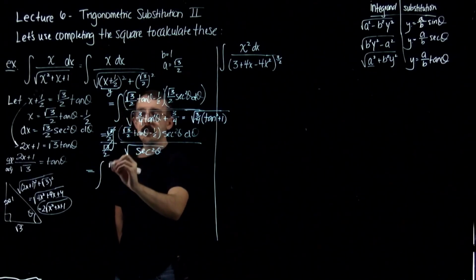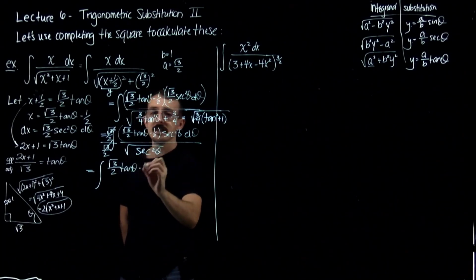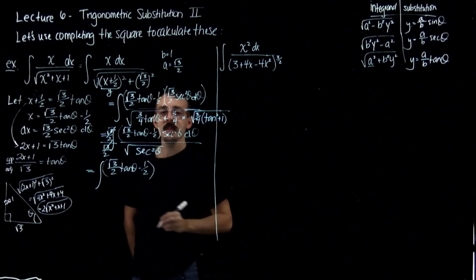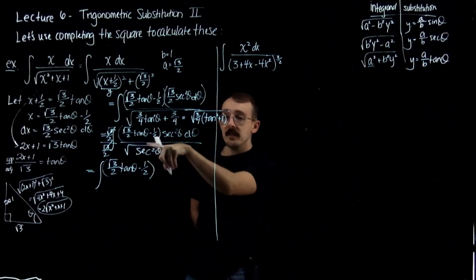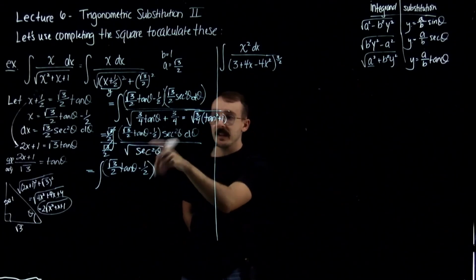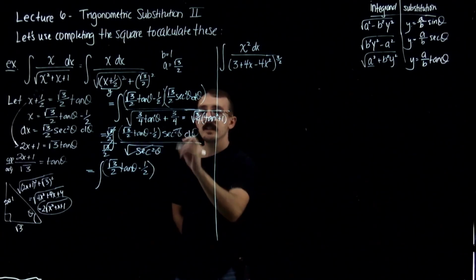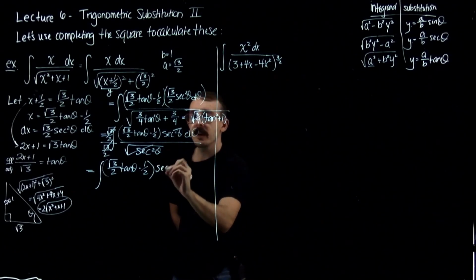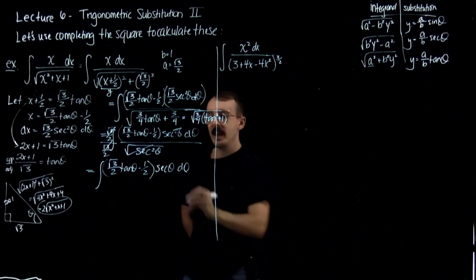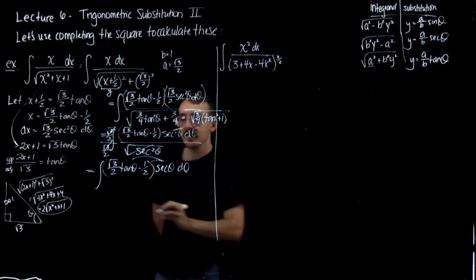And I have the integral of radical 3 over 2 tangent theta minus 1/2, and the radical of secant squared is going to be secant. So I have a secant here, but I still have a secant in the numerator. Now I'm going to distribute it to each of these.